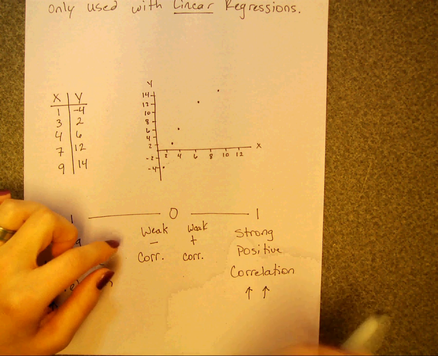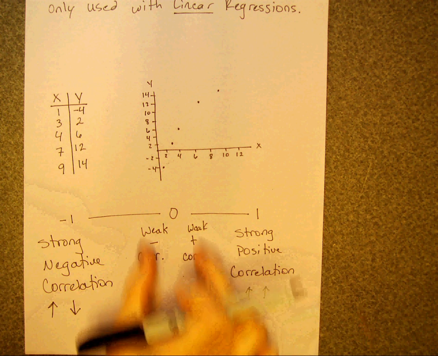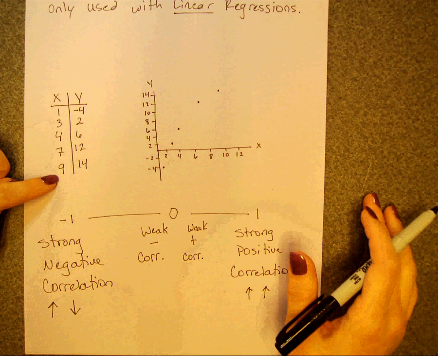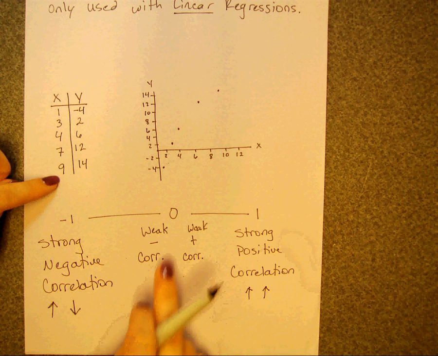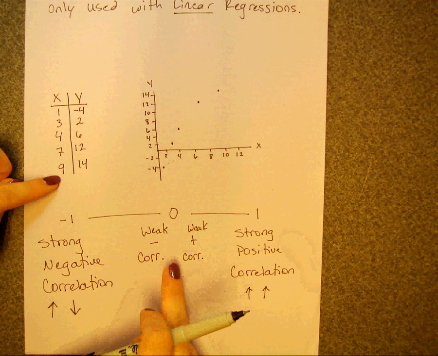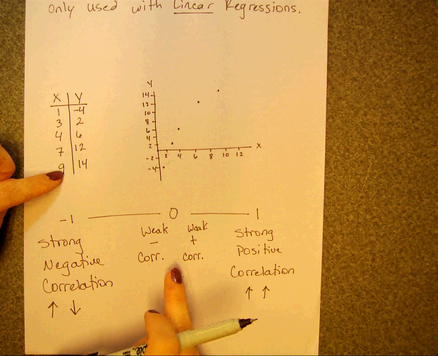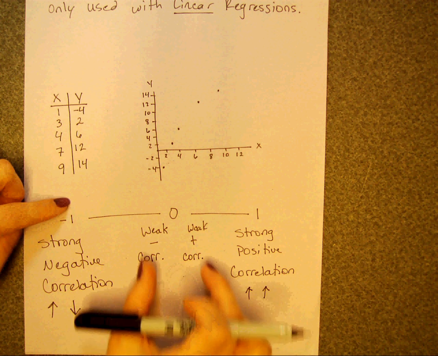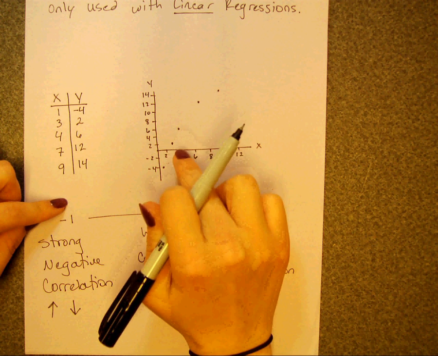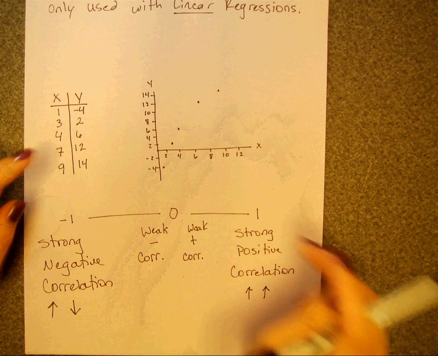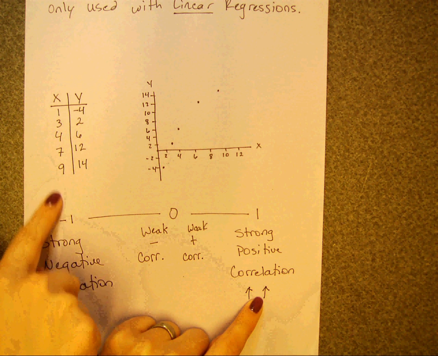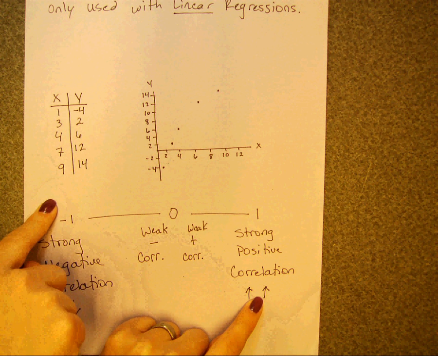If I try to use that equation to find other data points, like x equals 13, it's going to give me a value, but it's not really going to fit my trend very well. Versus if I had a strong positive correlation, I could really rely on the value I got when I plugged in 13 to my equation.